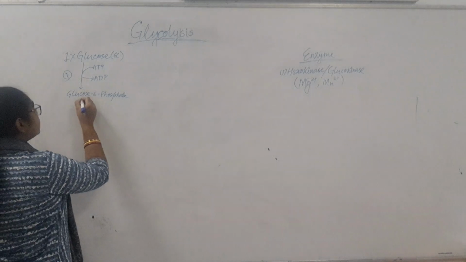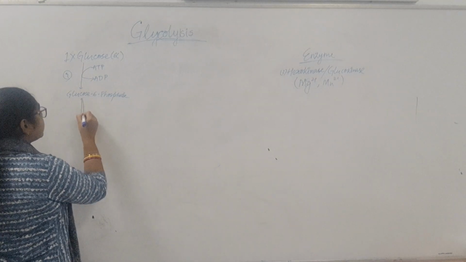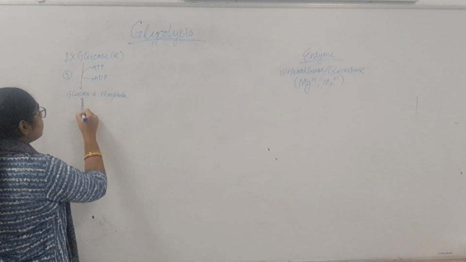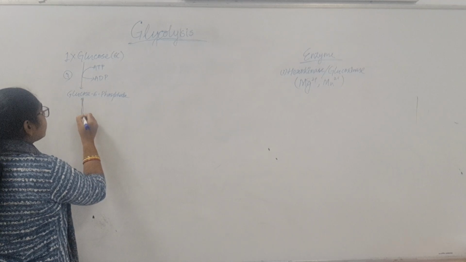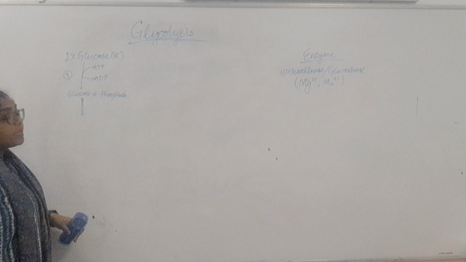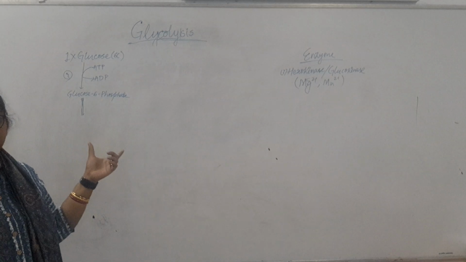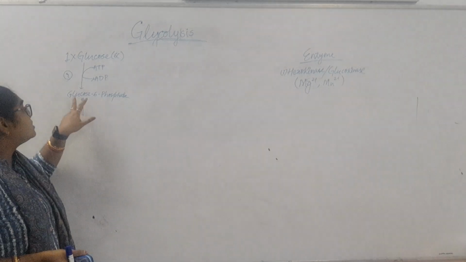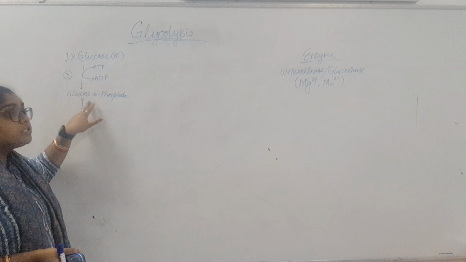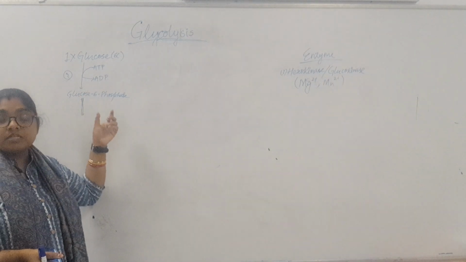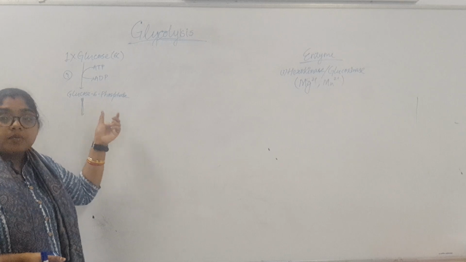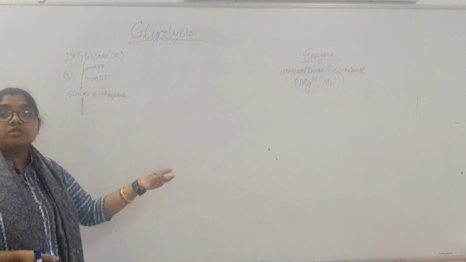Then this glucose 6-phosphate will convert to one of its isomers, because the carbonyl oxygen present on the first carbon of the glucose shifts to the second carbon.